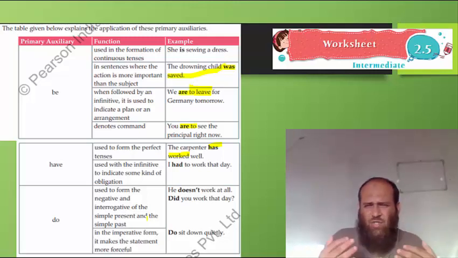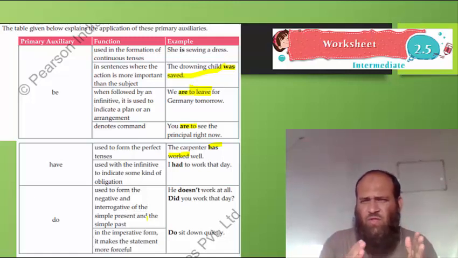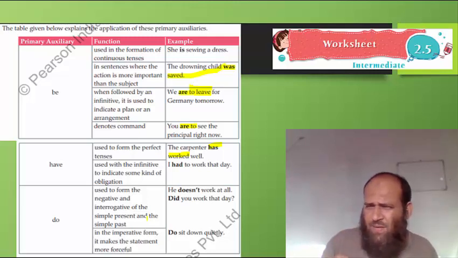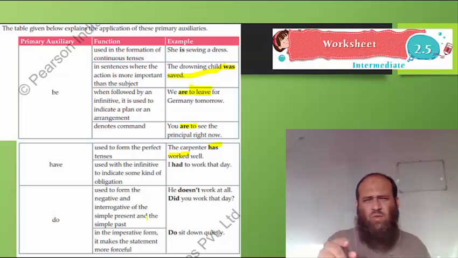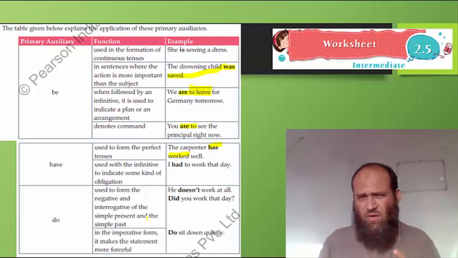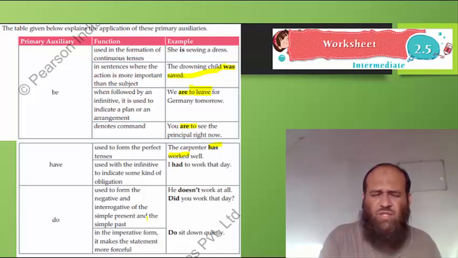We don't understand this topic. So here we are showing negative forms of the verbs. Did you work that day? Now here did is used to express a question. So we can use do, does, did for showing negatives or for asking questions.